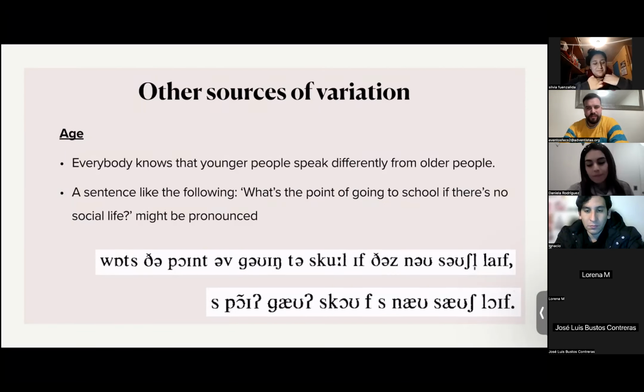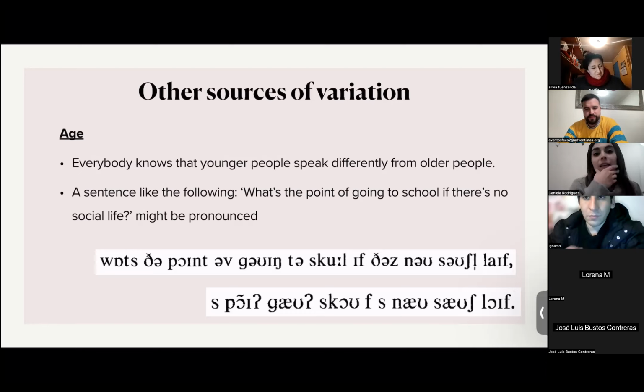Okay, have you noticed other differences? Maybe the speed when you speak, for example. The older people, it's more slow, but the teenagers, it's very fast.